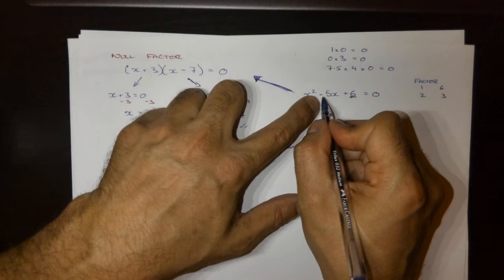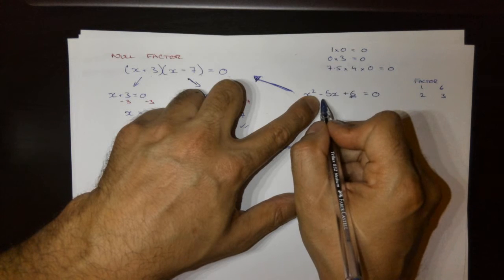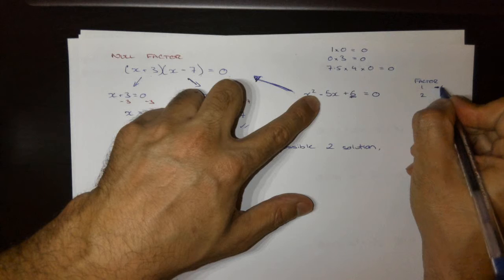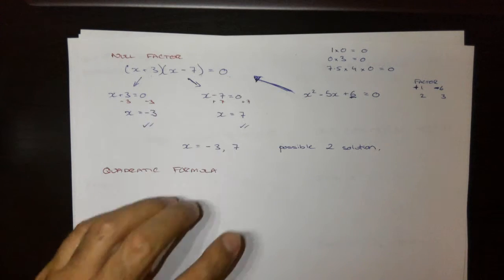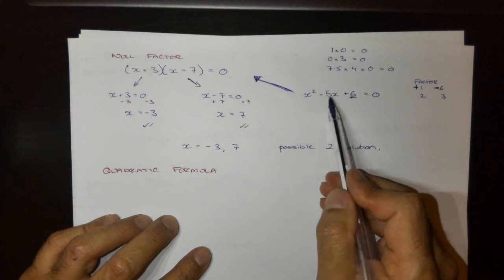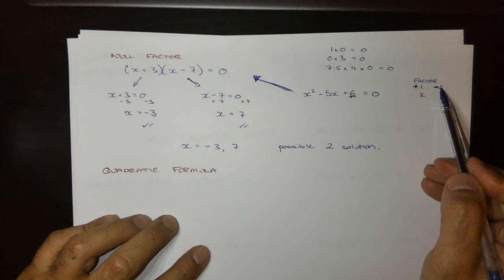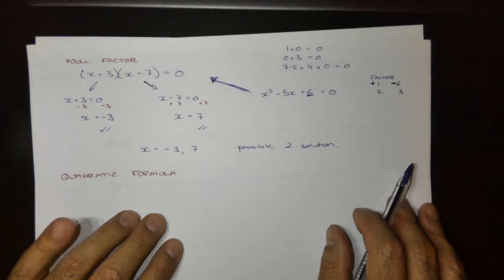But I need to get to negative 5. I need to have these factors add up to negative 5. So I could do minus 6 plus 1. That could work. So minus 6 plus 1 is negative 5, but positive 1 times negative 6 is actually negative 6.